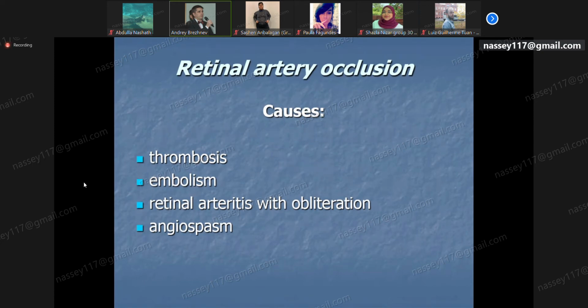Common causes of retinal artery occlusion are thrombosis and embolism, which may arise from large vessels of the neck, or may be cardiac in origin. So not only local, but sometimes systemic complication of systemic disorders, and may cause retinal arteritis with obliteration. Angiospasm is a rare cause of retinal artery occlusion, but also a possible mechanism. It is commonly associated with amaurosis or blindness.